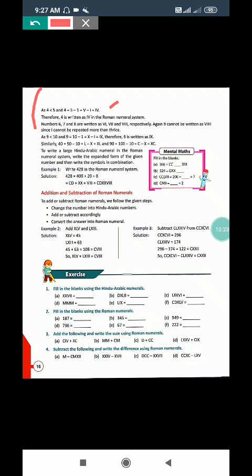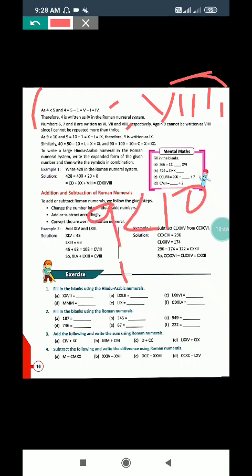Again, 9 cannot be written as VIIII, since I cannot be repeated more than thrice. So it will be written as 9 is less than 10, that is 10 minus 1, that is X minus I equals IX.